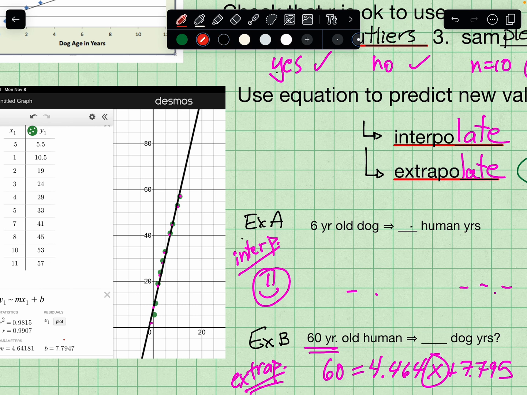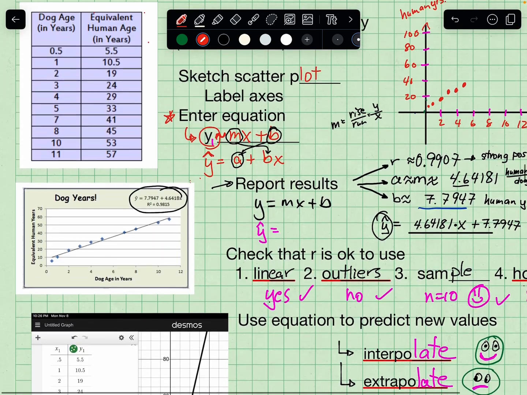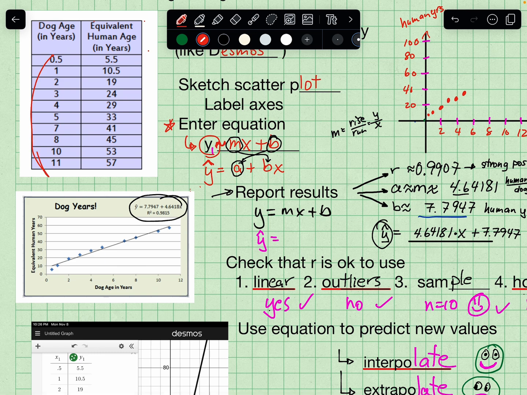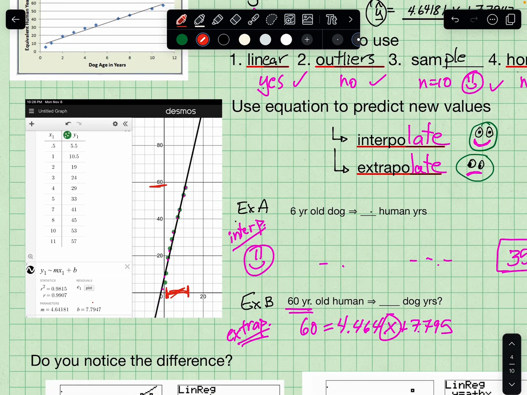Interpolation means that we are working within the data that I have graphed. So in terms of the dog, I am only working with data that's between 0 and 11. And humans go from 5 to 60 roughly. If you look at the graph, I have data that goes between here and here.